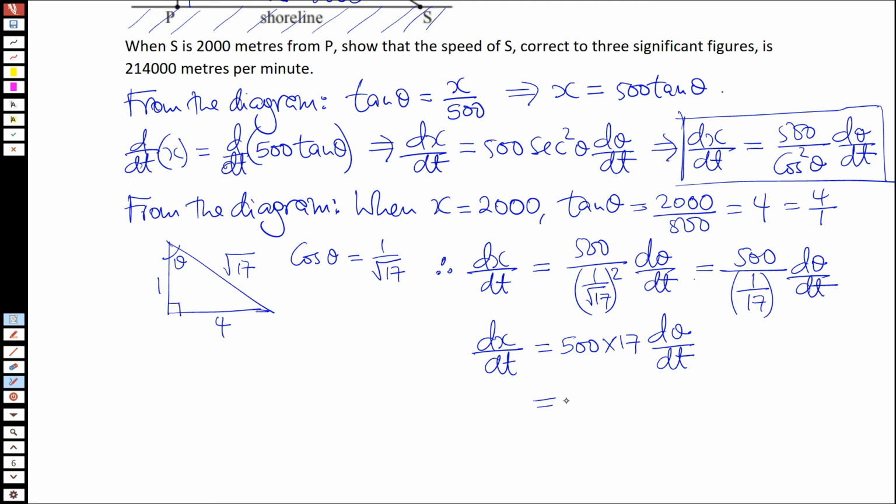So that will be equal to 500 multiplied by 17 multiplied by 8 pi. If you plug this in your calculator, because you want to show your answer to 3 significant figures, you'll end up with 213,628. And to 3 significant figures, that is equal to that.